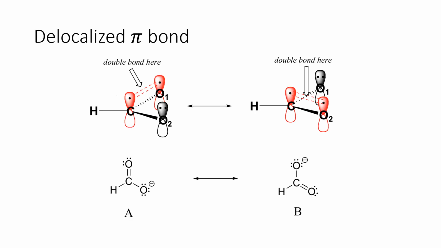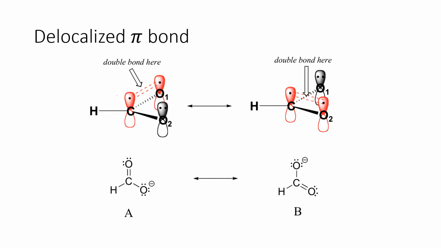In a delocalized pi bond, here our example is HCO2 minus. Here in this delocalized pi bond, we can see there are resonance structures. So you can see A and B here. What this is really trying to show is that the electrons are not set between two individual atoms.